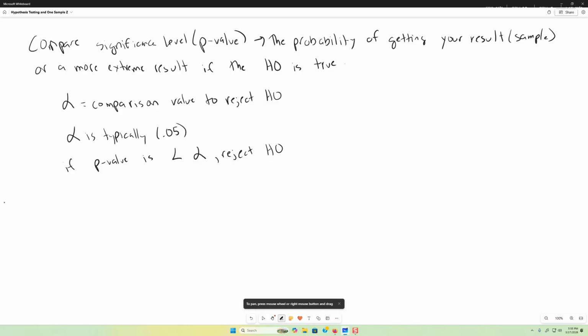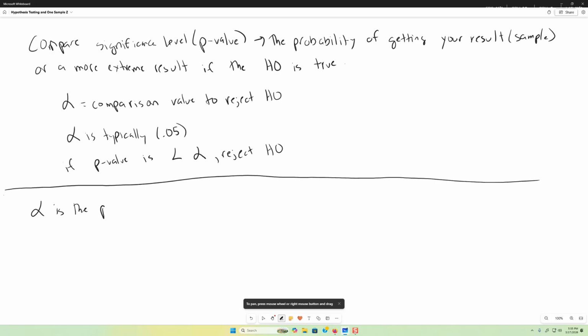Now, what is alpha exactly? It's a comparison value. It's also the probability of a type 1 error.